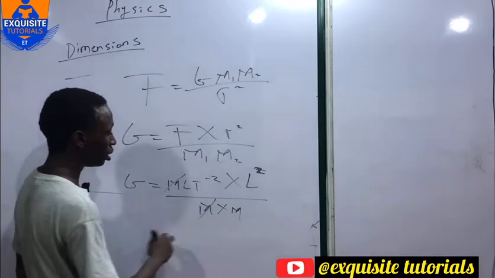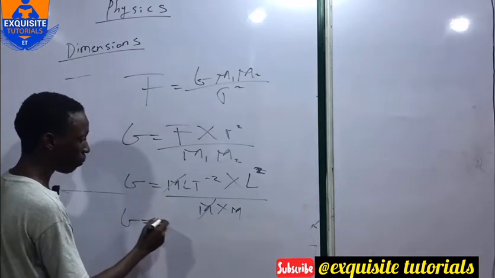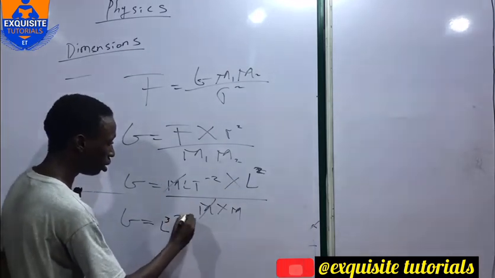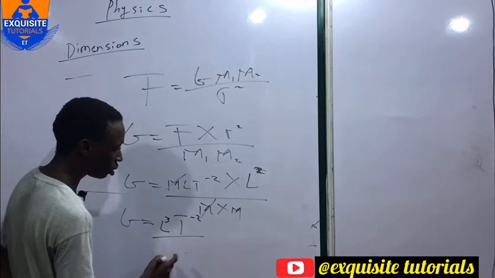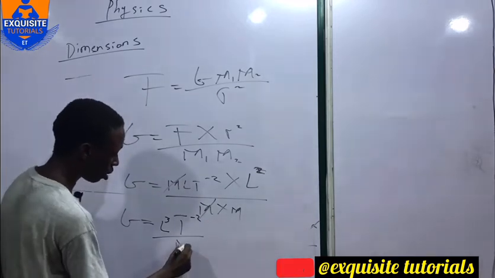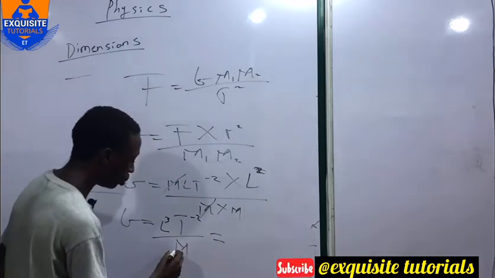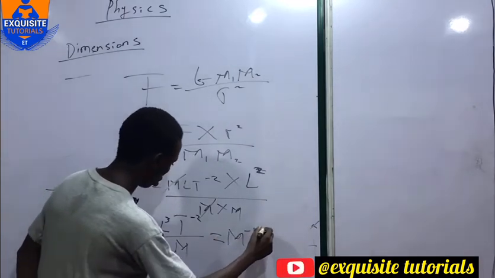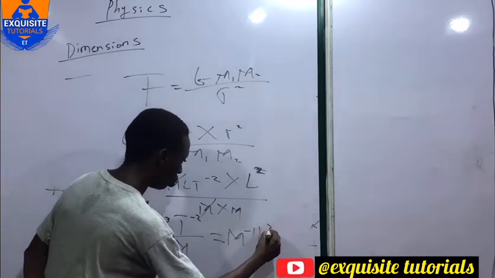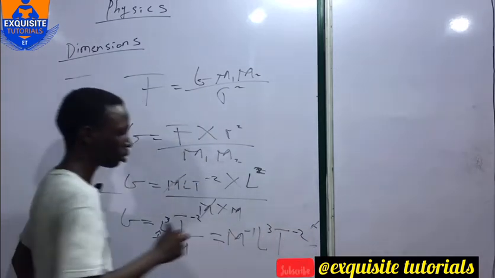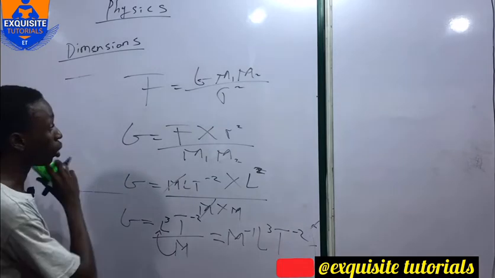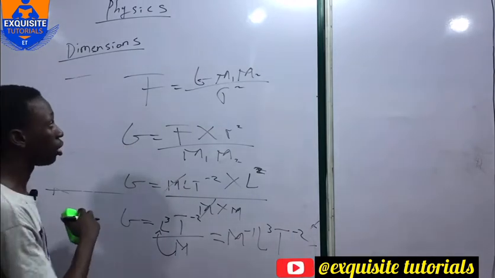So G will be equal to L^3 T^-2 over M, and this M will come up: M^-1 L^3 T^-2. So that will be that for the gravitational constant.